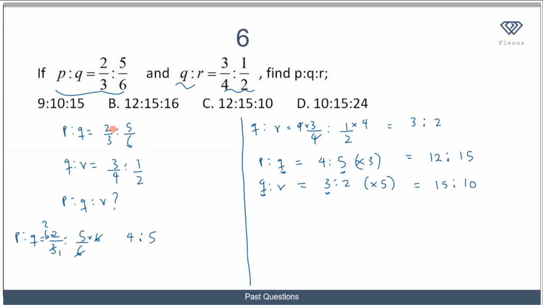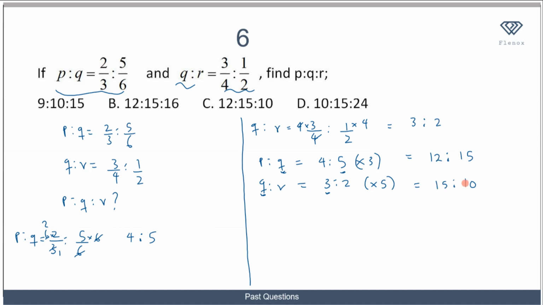What does it mean? It means that P ratio Q equal to 2/3 ratio 5/6 is equivalent to 4/5, which is also equivalent to 12/15. Similarly, Q ratio R equal to 3/4 ratio 1/2 is equivalent to 3/2 and is also equivalent to 15/10.